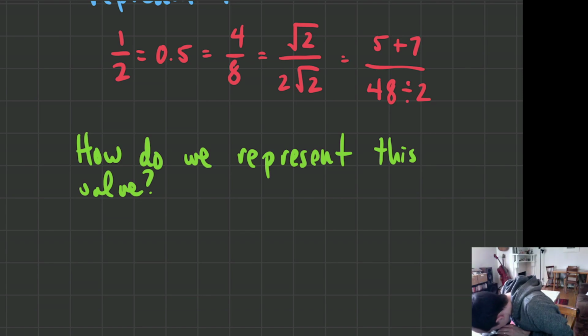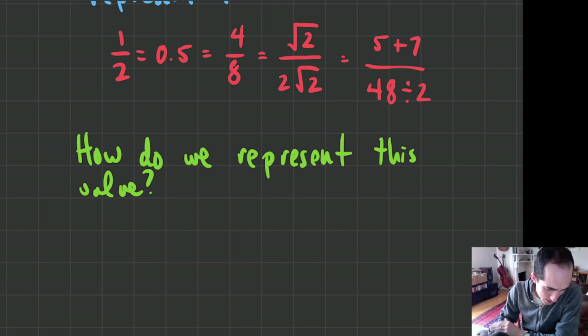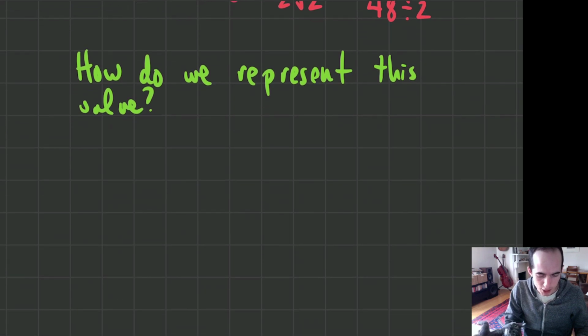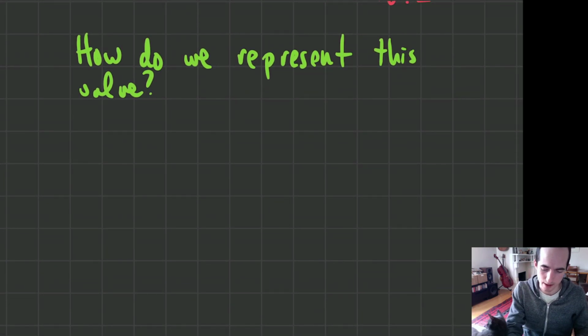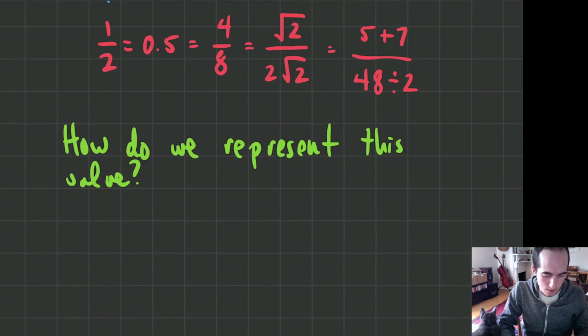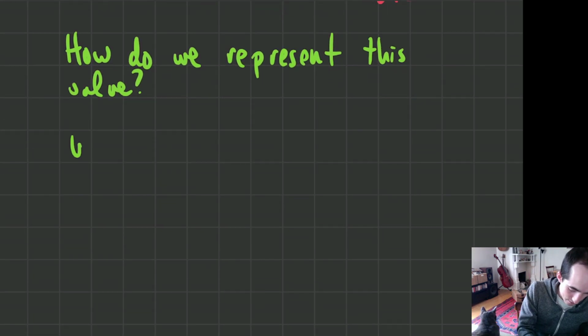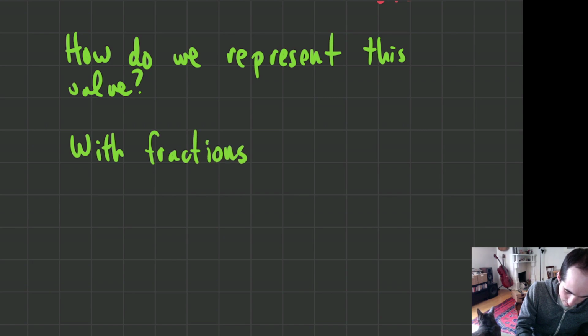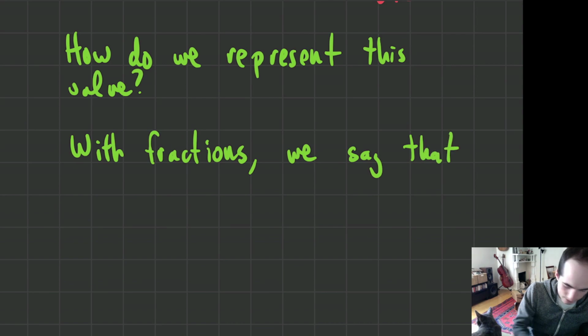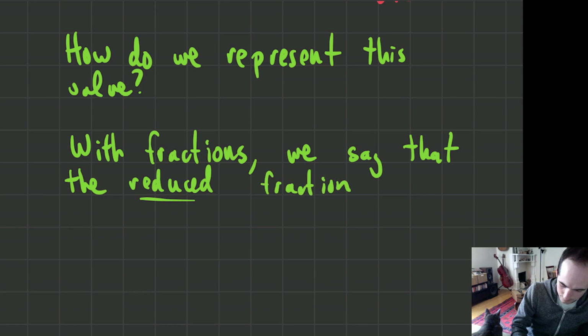Too much. Okay. So at some point we have to say, well, which one is the real half? Like, would the real Slim Shady please stand up? That kind of thing. So with fractions, we say that the reduced fraction is the representative.